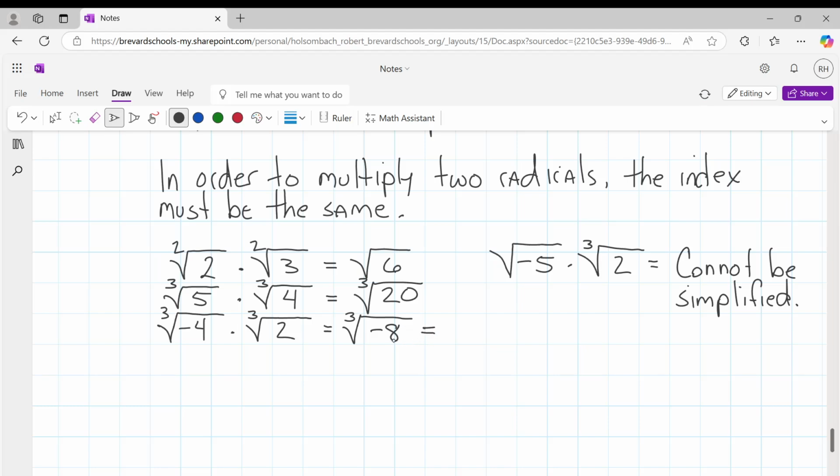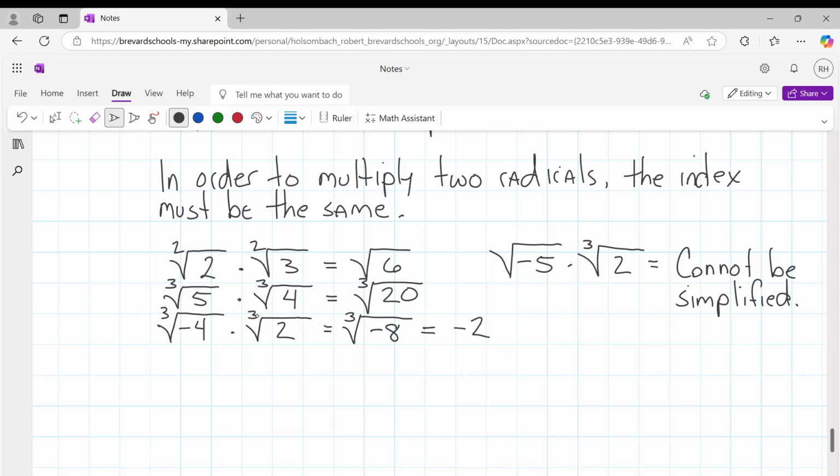So this can have a root, and the third root of negative 8 is negative 2. Okay? That's because negative 2 times negative 2 times negative 2 equals negative 8. Everybody okay with that?